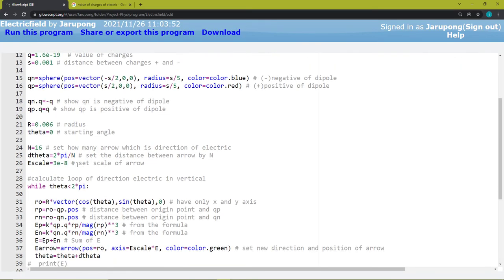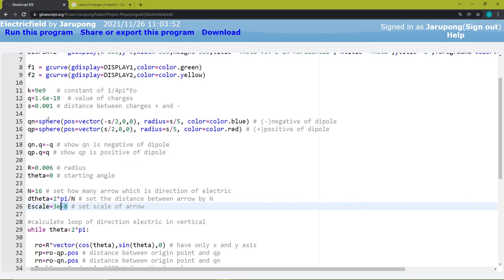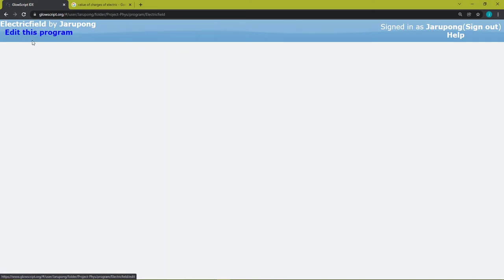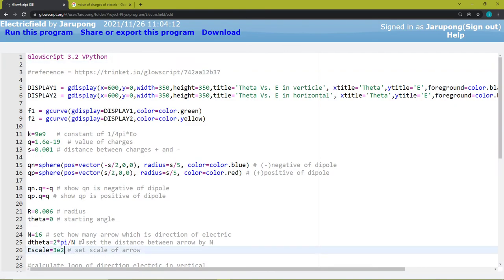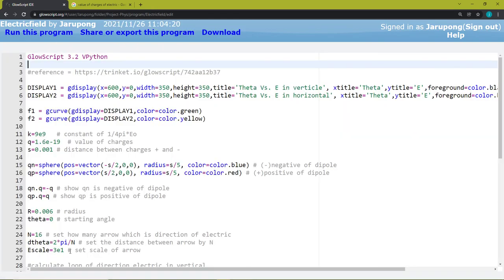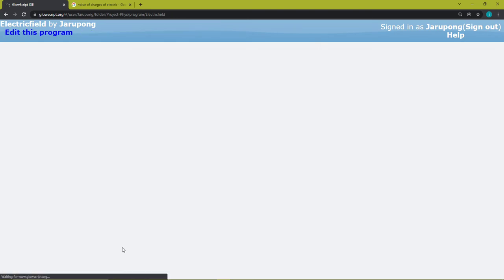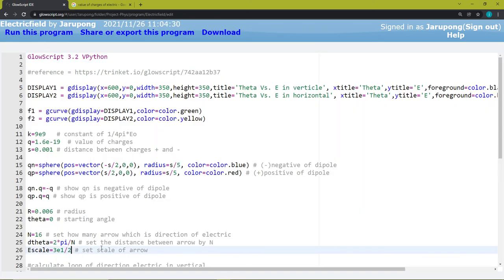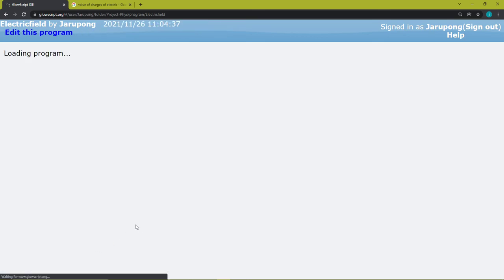So that's why I set the E scale. If the charge is 2 rays, you have to set a new E scale to a big one. Maybe 10 to the power 2. That's too big. Yes, looks good. Or maybe too small. Maybe one is good.